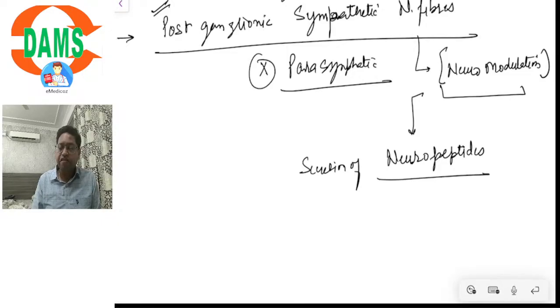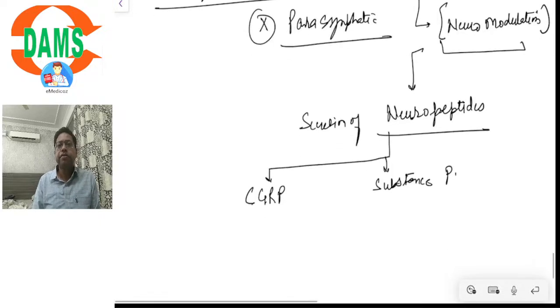The principal neuropeptides present in dental pulp are CGRP and substance P. These are the principal neuropeptides of the dental pulp, mostly secreted by sensory nerve fibers.